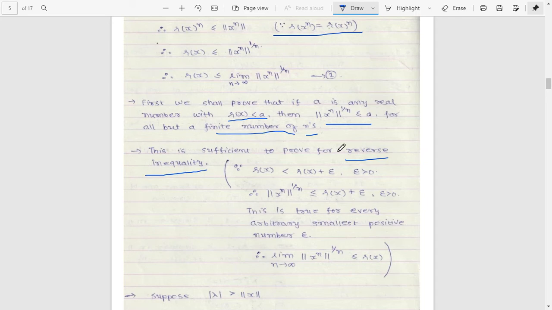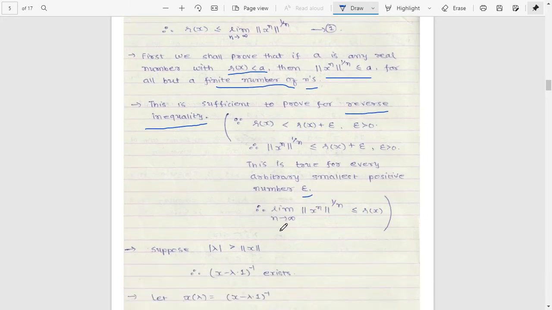Because r of x is less than r of x plus epsilon, where epsilon is greater than 0, norm x raised to n, raised to 1 by n, is less than or equal to r of x plus epsilon. This is true for every arbitrarily small positive number epsilon. So the limit as n tends to infinity of norm x raised to n, raised to 1 by n, is less than or equal to r of x.